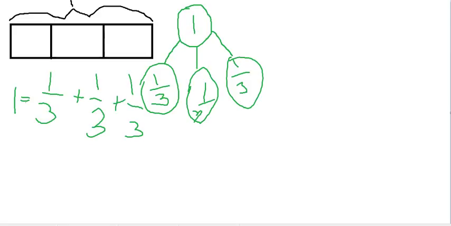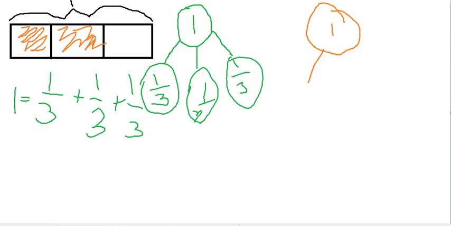Now, let's try this a different way. I'm going to shade in 2 parts. What would my new number bond say? My whole is still 1, but now I only have 2 parts. What is one of my parts, boys and girls? 2/3.